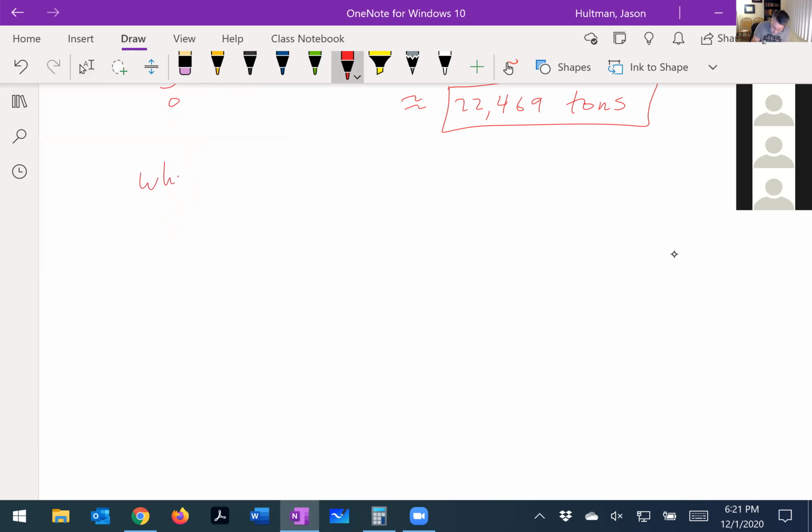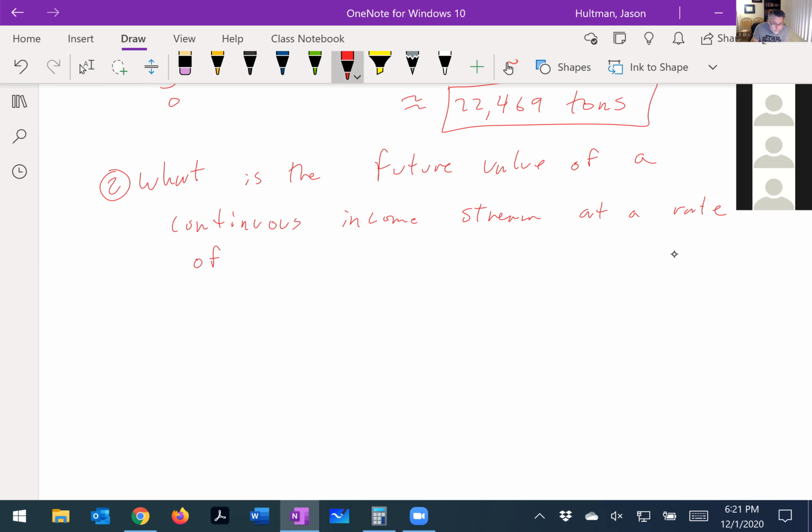Okay, what is the future value of a continuous income stream at a rate of $3,650 per year, invested at 5% for 3 years?